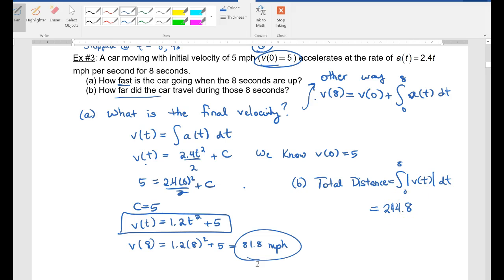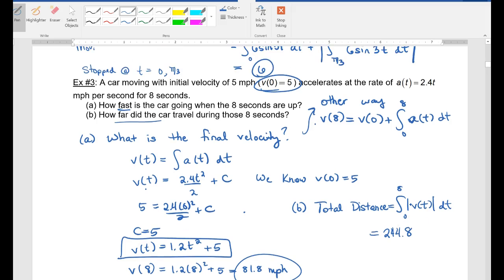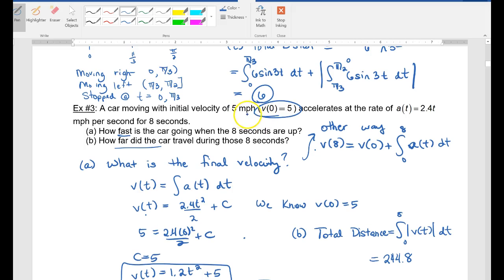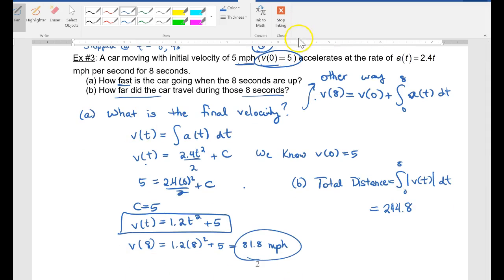This is not the right units. Notice that this was miles per hour, and we were integrating with respect to seconds. So if we have 244.8, we have to convert that.